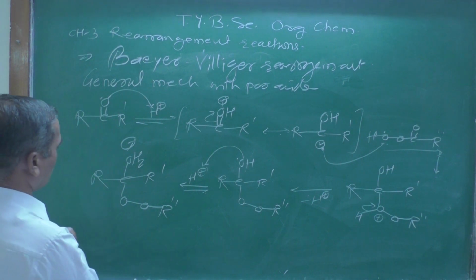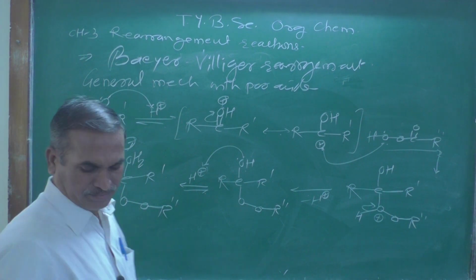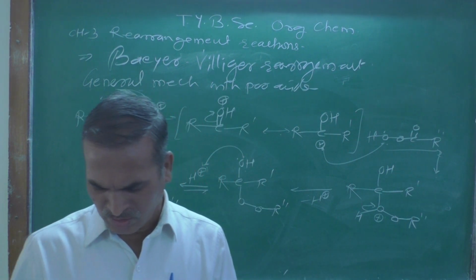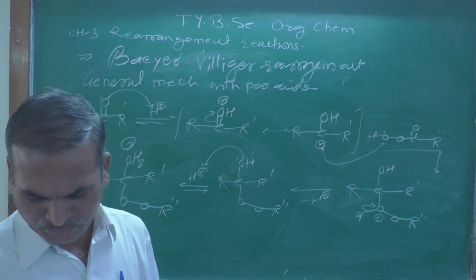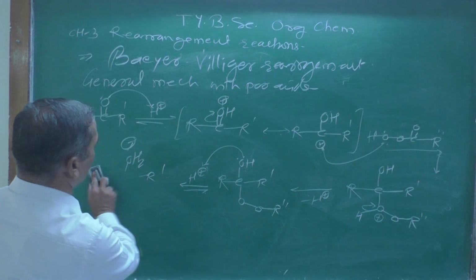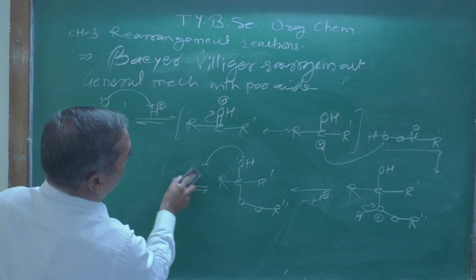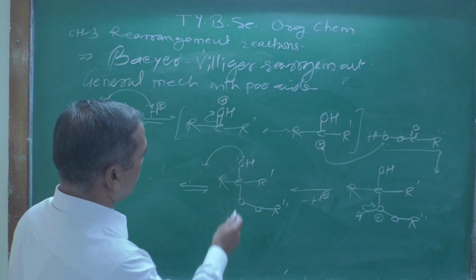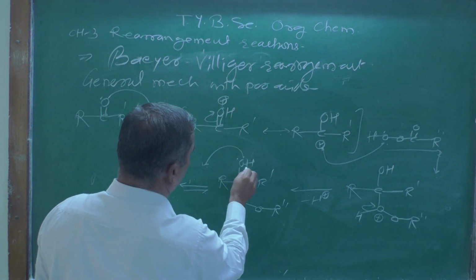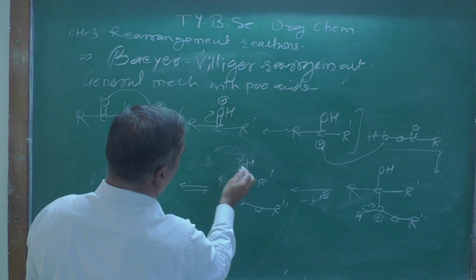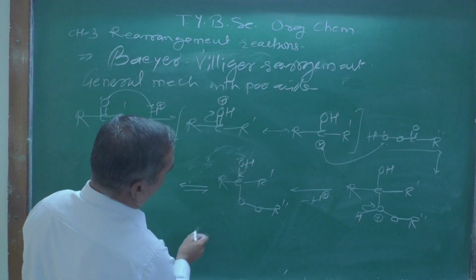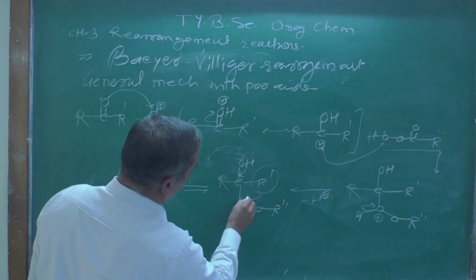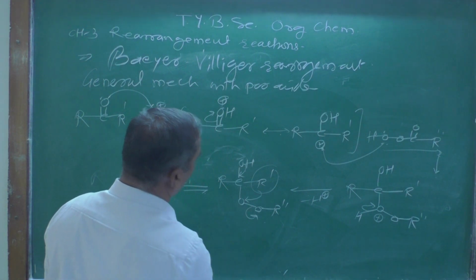Now what is going to happen here? The H plus, sorry, here H plus is lost, not protonated. H plus is lost over there. So what is going to happen here? This bond moves, forming a double bond, and at the same time this R group migrates from here to here, and this leaves.